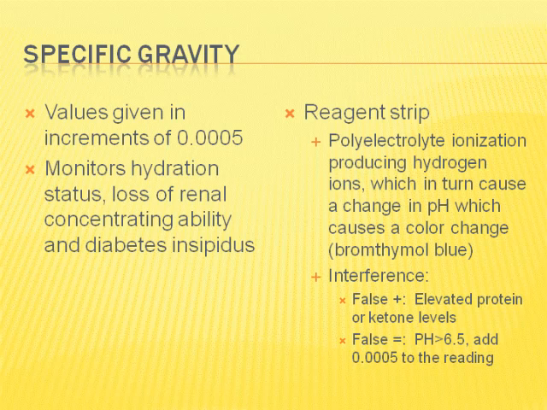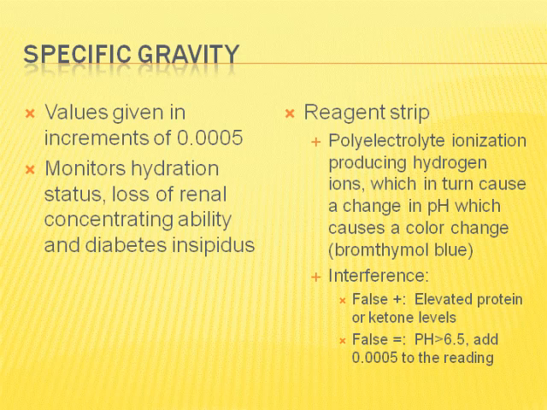Specific gravity. These values are given in increments of 0.005. It monitors hydration status, loss of renal concentrating ability, and is good for monitoring diabetes insipidus. The reagent strip utilizes a polyelectrolyte ionization, producing hydrogen ions, which in turn cause a change in pH, which causes a color change.